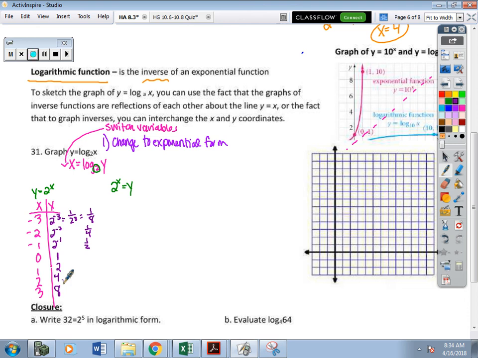Okay, so make sure you realize that this table is not our final answer, that's the inverse. So to come up with a table for the equation y equals the log base 2 of x, you're just going to switch your values. The y column will become your x column, and vice versa. So we'll have 1/8, -3, 1/4, -2.